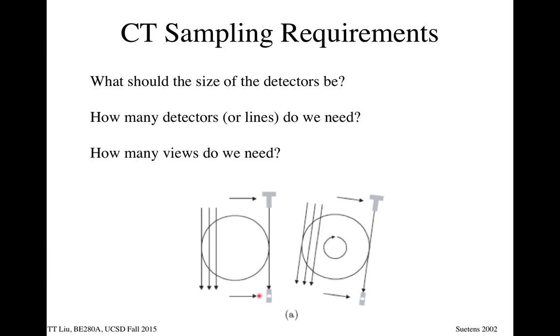Right, in this case we have one detector. If that thing is a centimeter wide, it's going to integrate signal from a centimeter wide, right? So the detector itself has to be narrow, so the dimension of that detector has to be narrow.